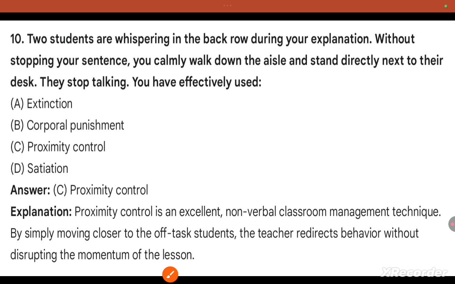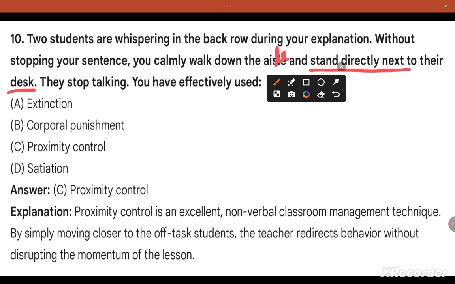Question number 10. Two students are whispering in the back row during your explanation. Without stopping your sentence, you calmly walk down the aisle and stand directly next to their desk.